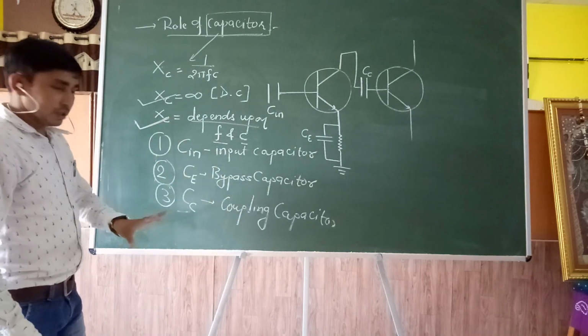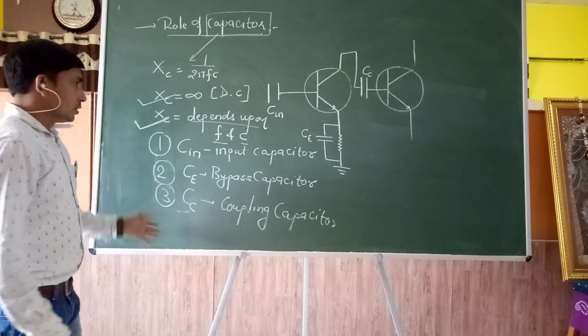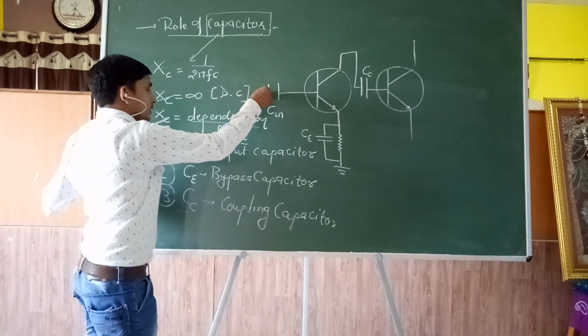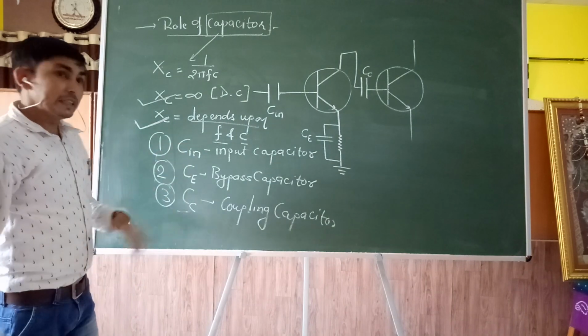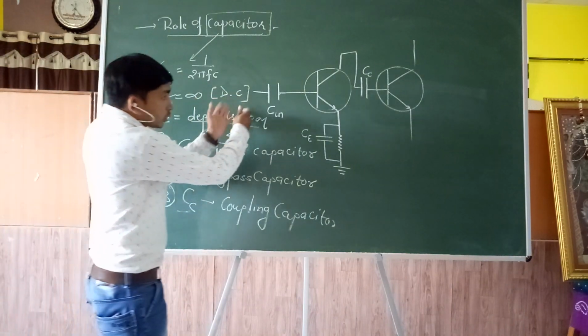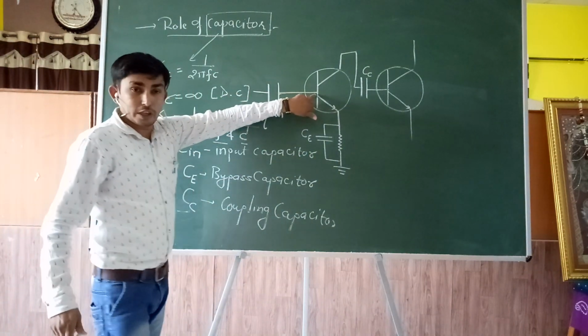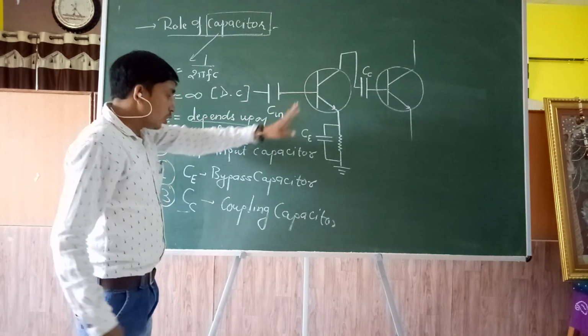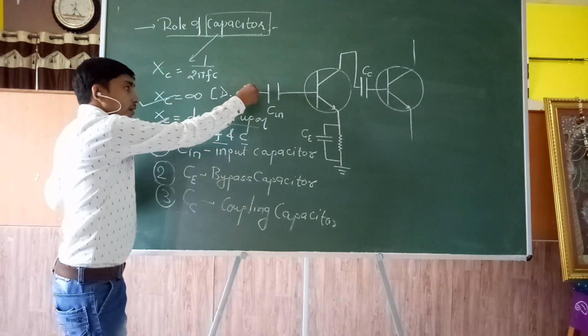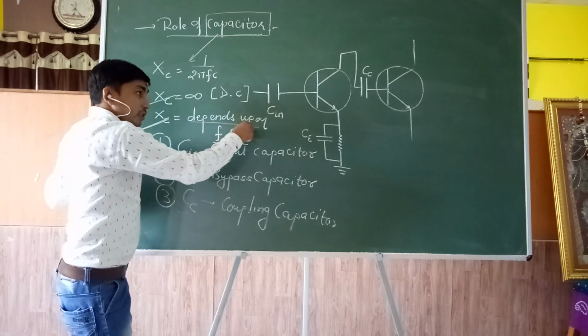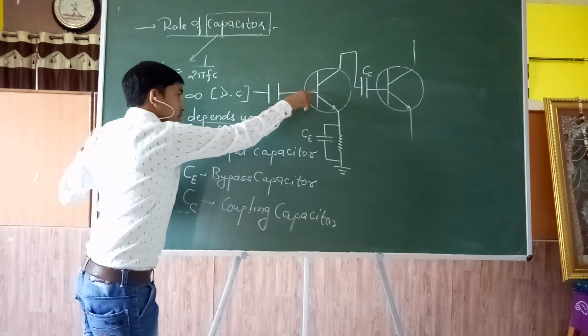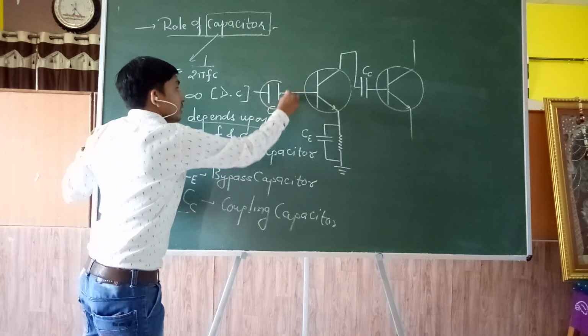So what is the role of these three capacitors? We know very well our input is AC. This input needs to be coupled with the transistor's input base terminal. So for coupling our input AC to the base of the transistor, we are using the input capacitor.